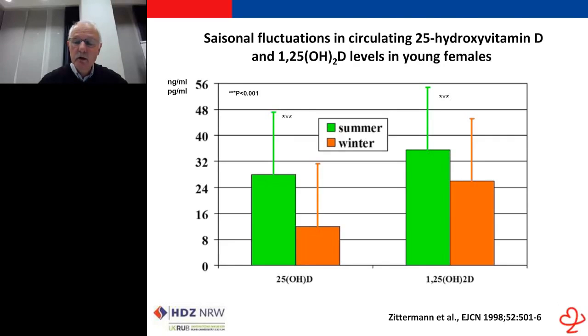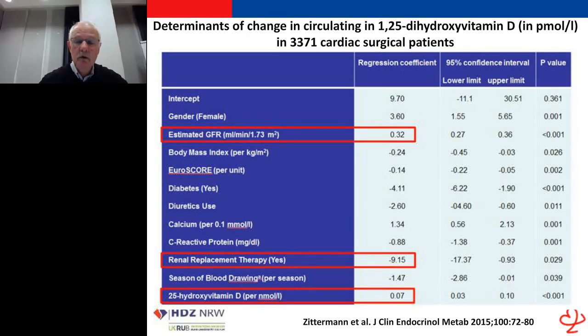But not only the vitamin D supply is important, this investigation could show that other diseases are obviously also able to influence the circulating 1,25 dihydroxyvitamin D levels. Here you can see that, for example, the kidney function, GFR, and also renal replacement therapy have an independent and significant influence on the circulating 1,25 dihydroxyvitamin D, as has already been shown.